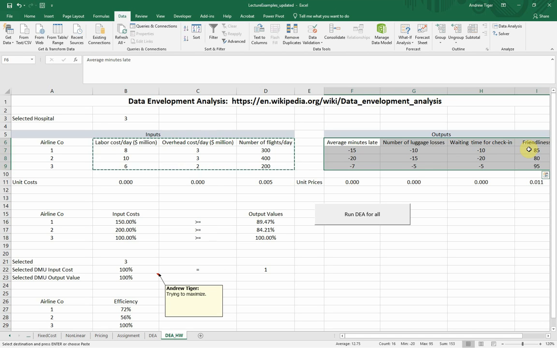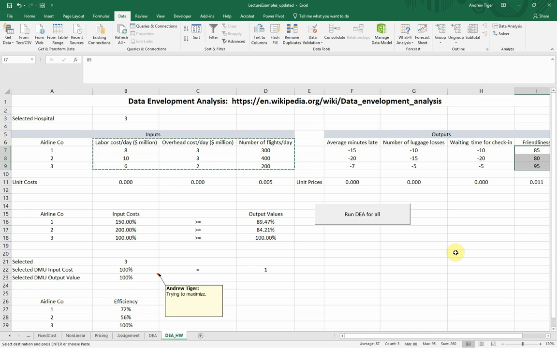The bigger it is, the better. So when you have numbers where bigger is worse, you have to put a negative in front of them. And if you do that, then you have to write a formula or create another decision variable. So these are my decision variables, these 3 on the inputs, these 4 on the outputs.